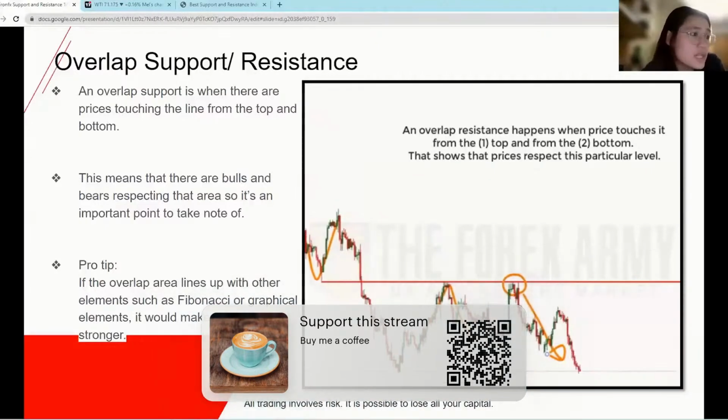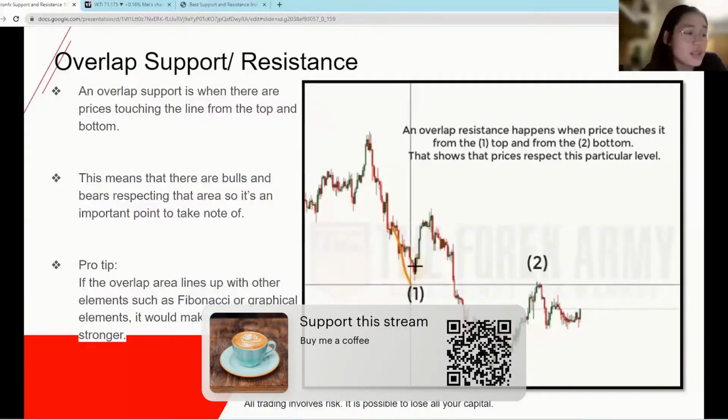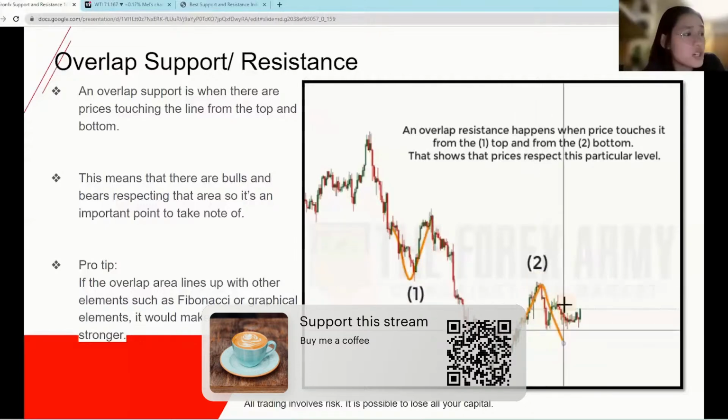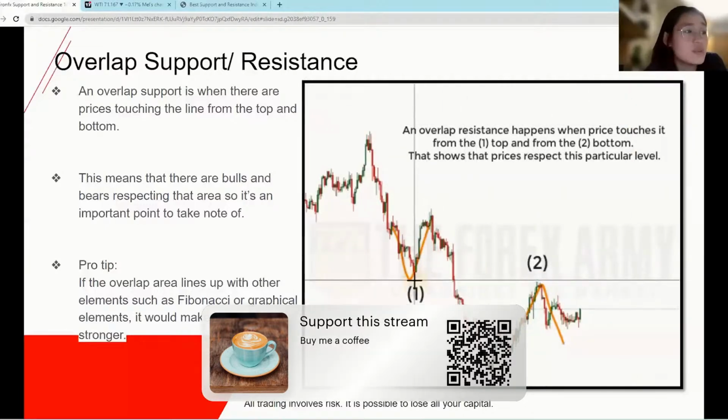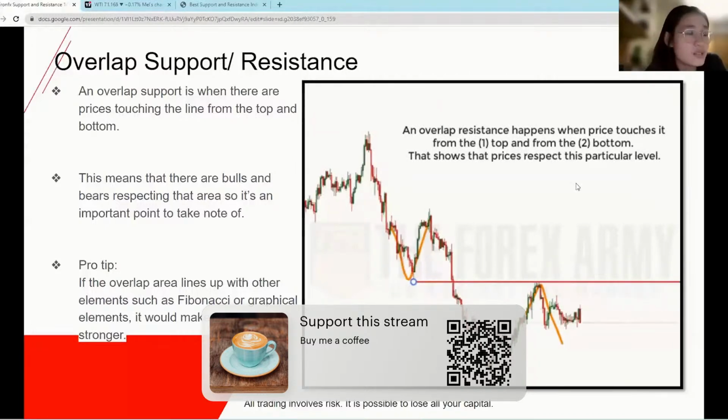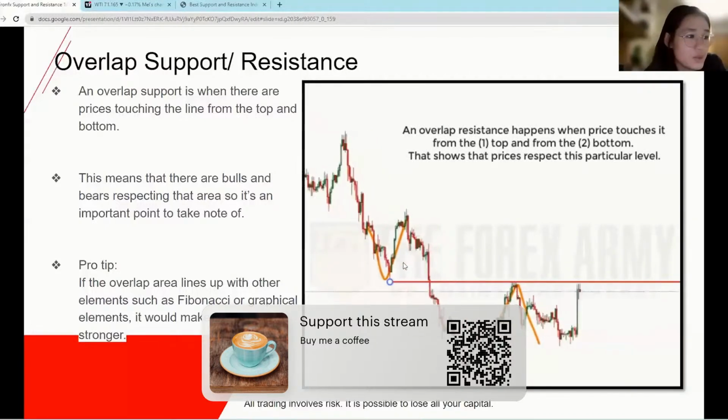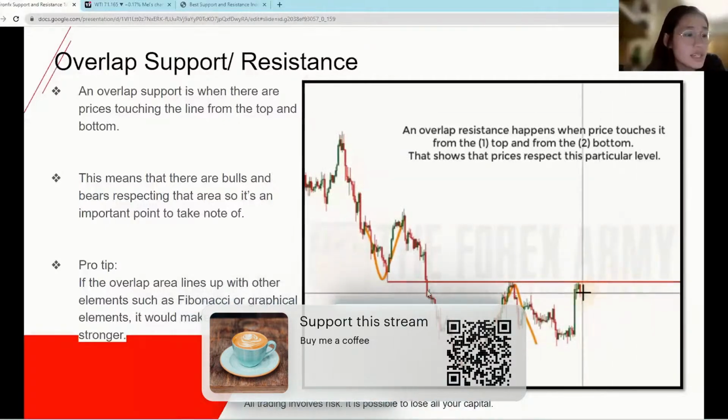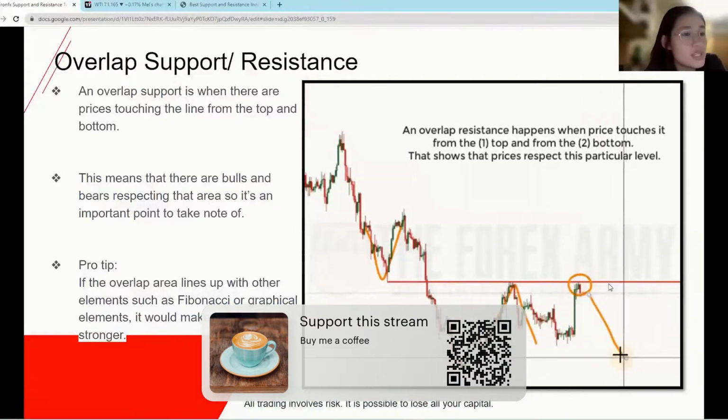Pro tip, if the overlap area lines up with other elements such as Fibonacci or graphical elements, it will make it even stronger. So same thing, you can take a look at this drift here. We have a swing low and a swing high that line up nicely at the same level. So that's essentially what an overlap is.